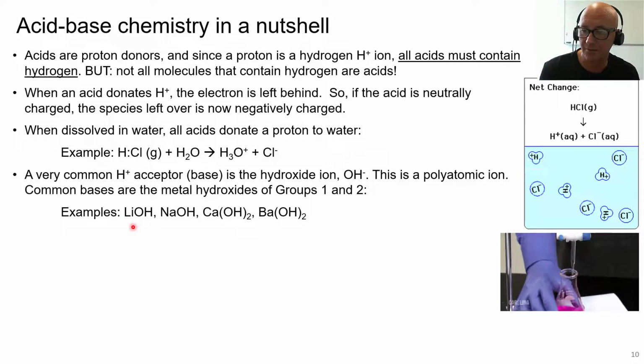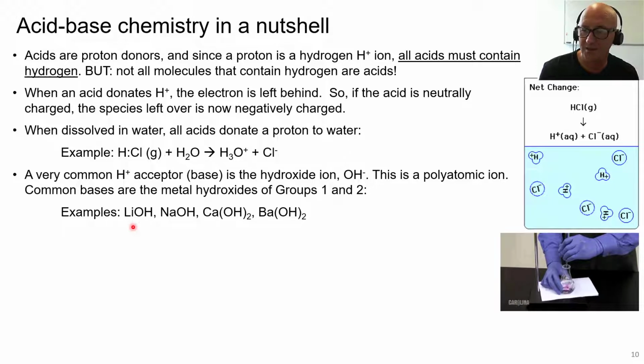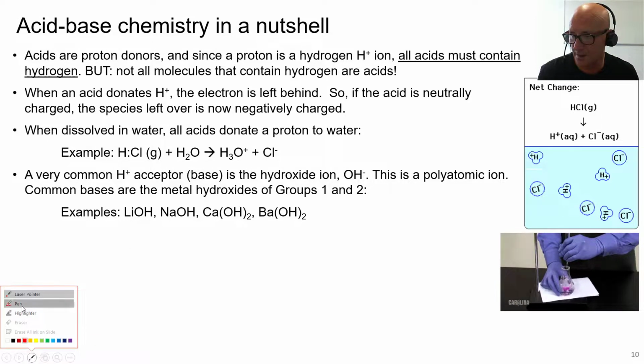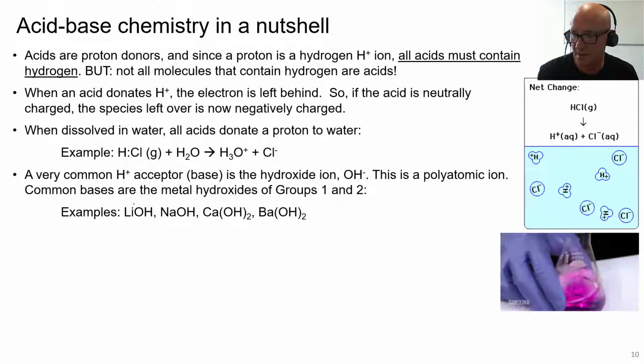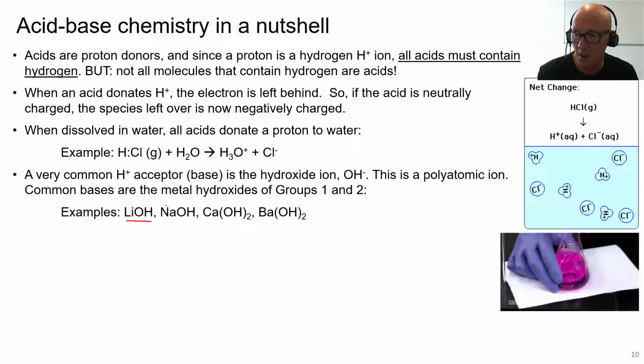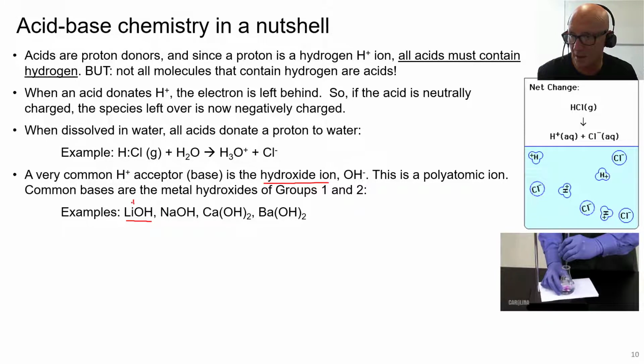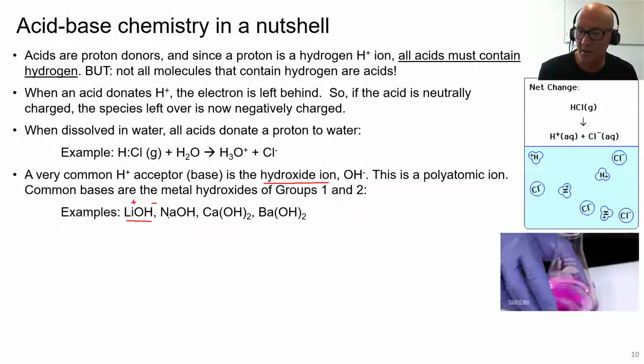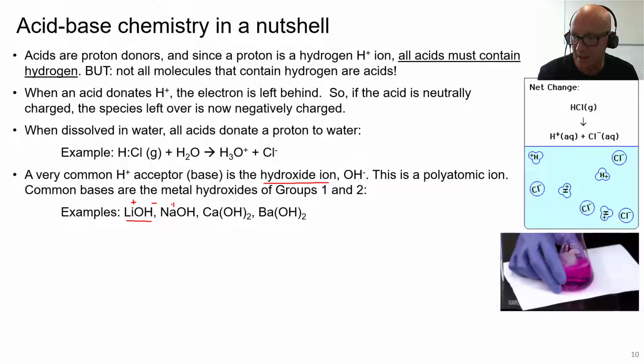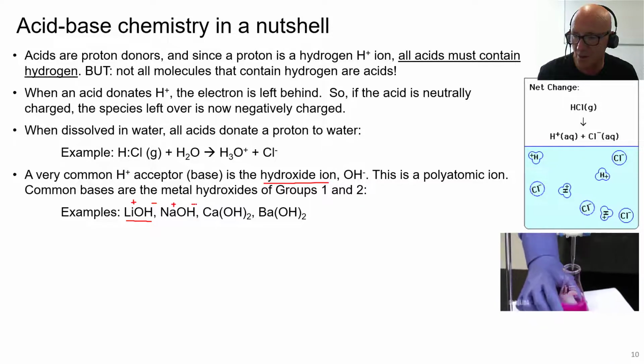They all tend to give up 1 electron, so it's not surprising that these substances, this is lithium hydroxide, right? This is actually Li plus OH minus, and that makes great sense. Sodium's in the same group, so it's Na plus OH minus.